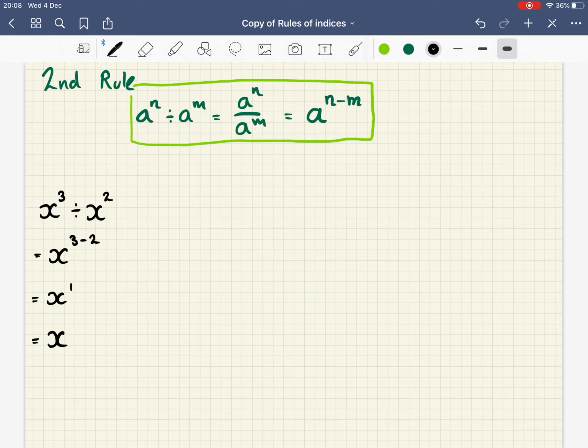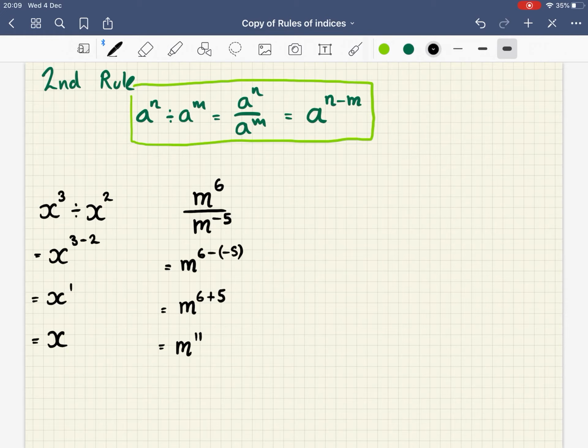If I have m to the power of 6 over m to the power of minus 5, again, my fraction is just a division. So I'm doing m to the power of 6 take away negative 5. Now remember, when we have two negatives next to each other, that actually turns into a positive. So that's going to be m to the power of 11.